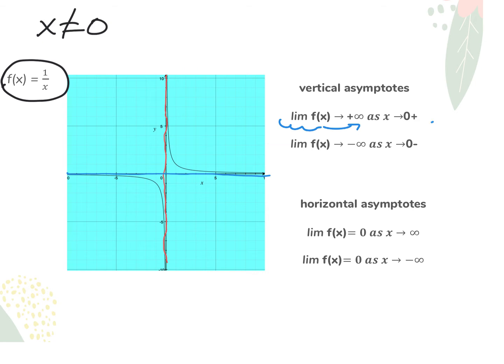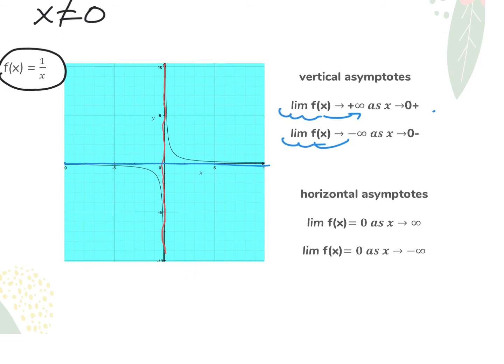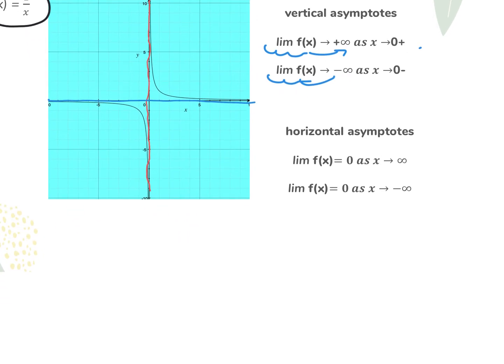And then this would be as the function f of x approaches infinity as x approaches 0 from the left. Little terminology here tied to calculus. You don't need to know this. This is just a little bit of tie-in getting us into what's to come.